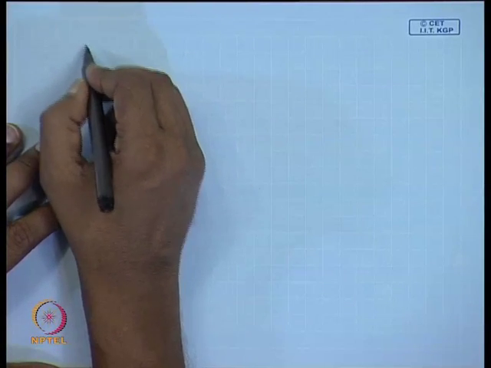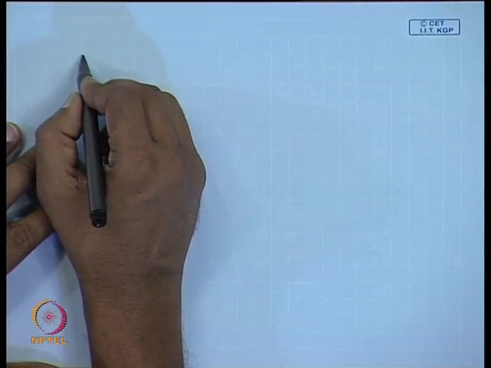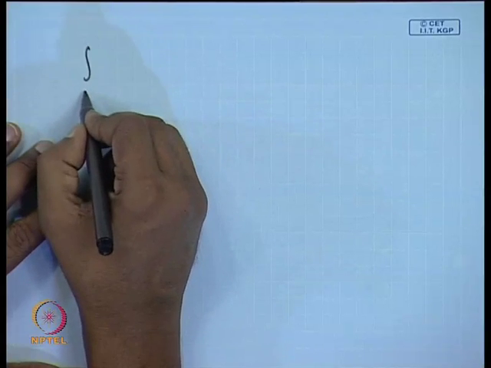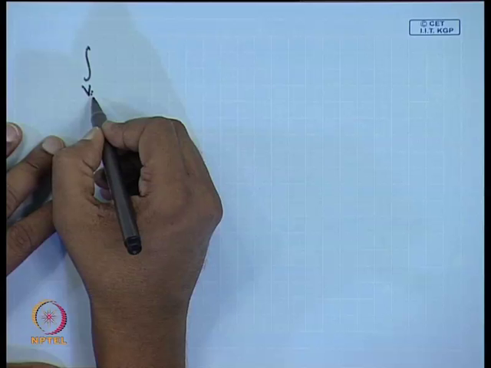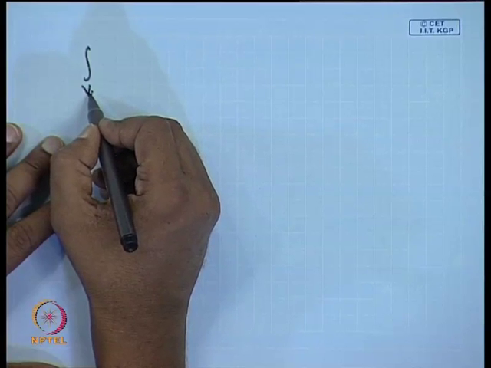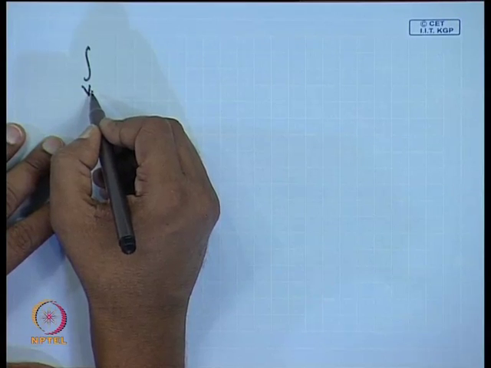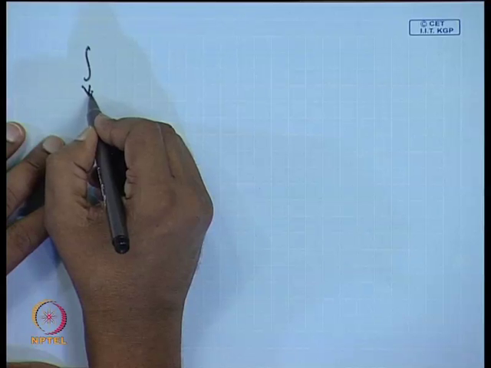So, when we need to give the second impulse, similarly we can write here. So, we have the starting speed, say in the elliptical orbit.